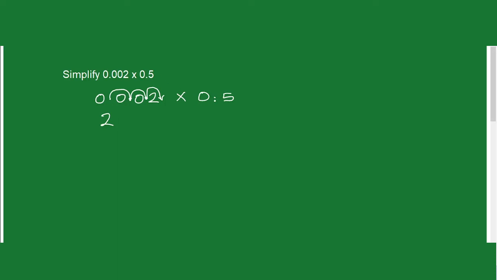This one as well, I want to make it 5. I will move my decimal point from here, and it lands here. Therefore, I have 5. The multiplication sign must be here. Are you getting it? So this answer will give me 10.